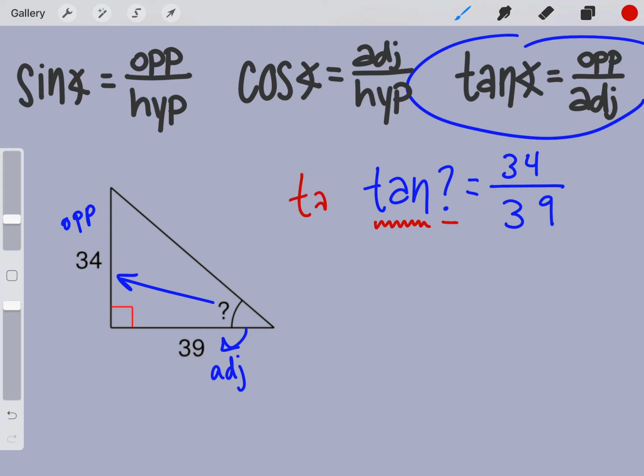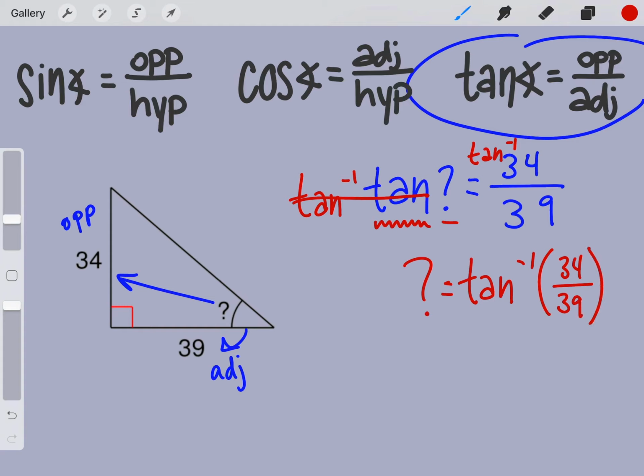So we take inverse of tangent on this side to get rid of tangent and leave us just with question mark. And whatever you do to one side, you have to do the other. So this side will also take the inverse tangent of that number, making the problem become inverse tangent of 34/39.